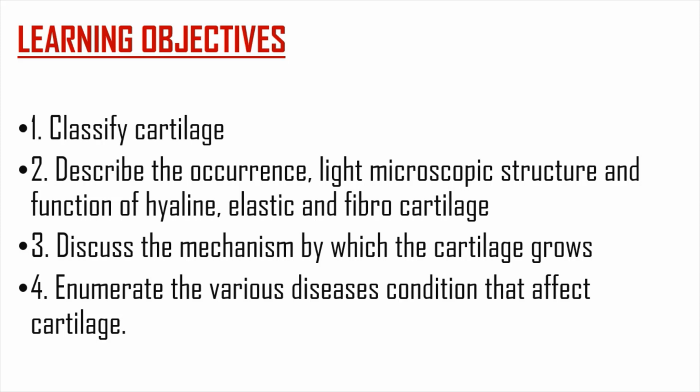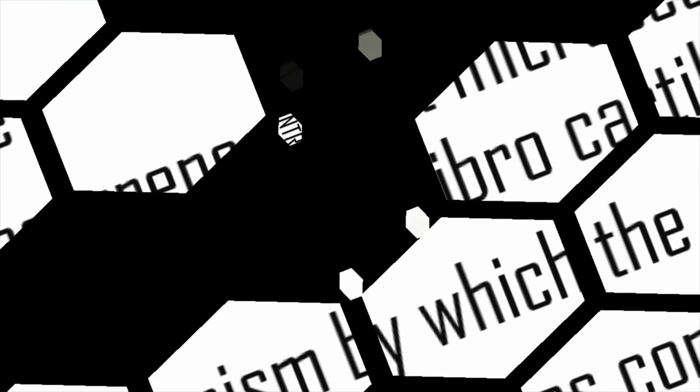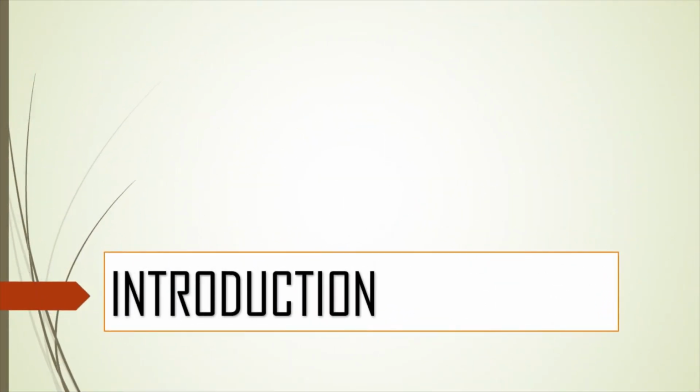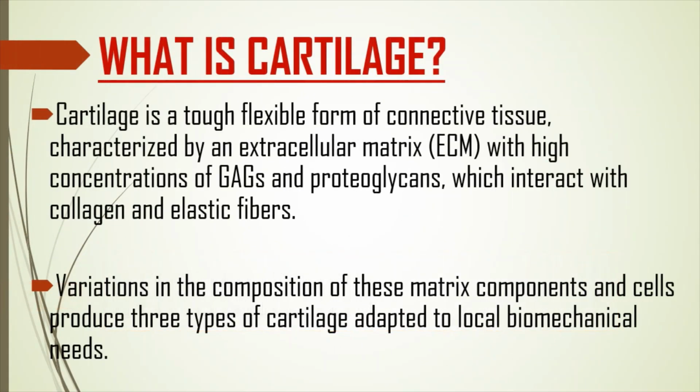Let's have a brief introduction of what cartilage is before we look at the histological representations. This is a golden question. What is cartilage? Cartilage is a tough, flexible form of connective tissue.